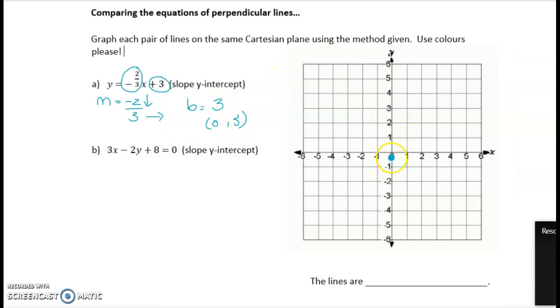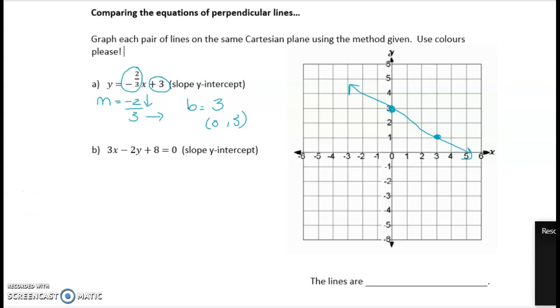I always do my y-intercept first, so +3, and then our slope is down 2 over 3, 1, 2, 3. Put a dot. Okay, and now we join these as best we can without a ruler.